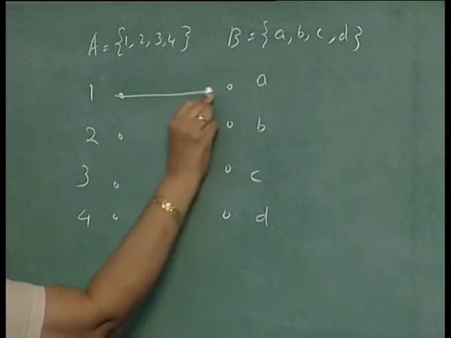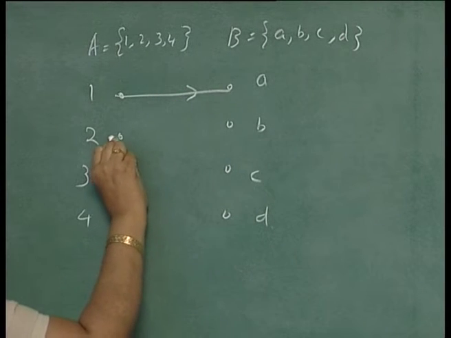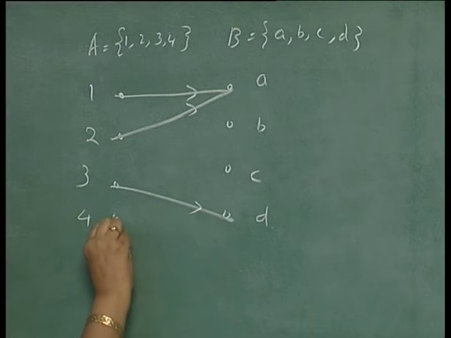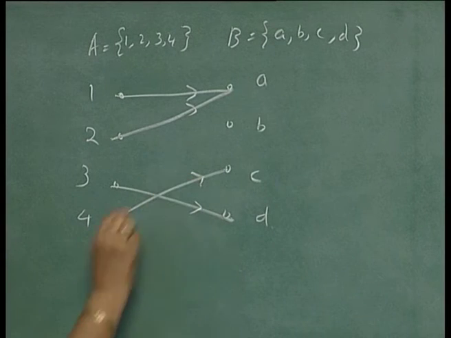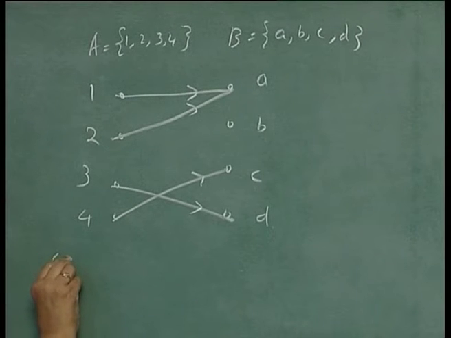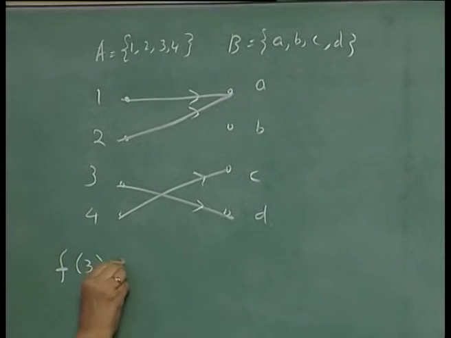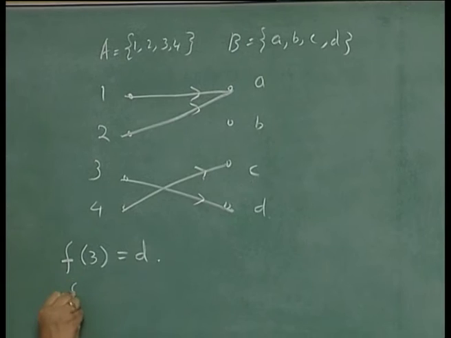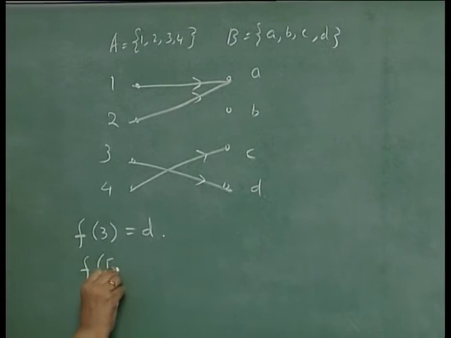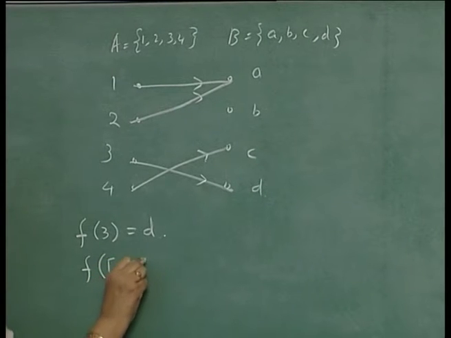A map is defined like this: 2 to a, 3 to d, 4 to c, like that. This is a function. Now, what can you say about f? If you take an individual element, you can say f of 3 is d and so on. If you take a subset, what is f of 2, 3?